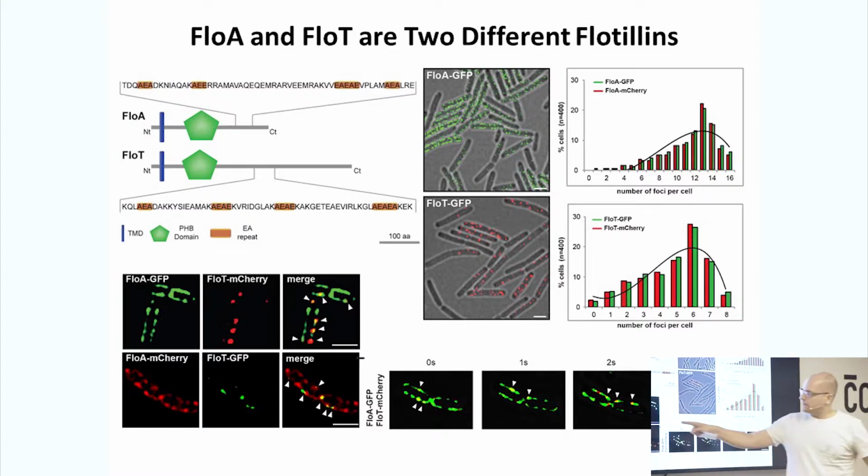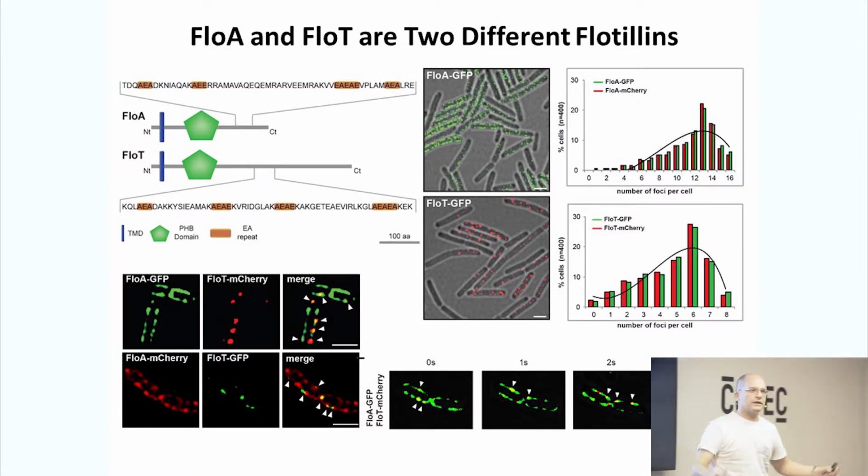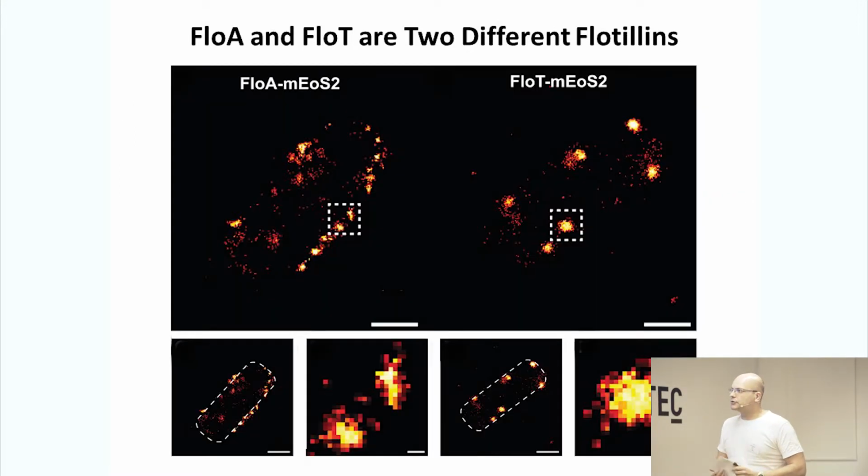We have some colocalization, but there is a huge variety of different lipid rafts that might have different functions. So we were thinking we might have specialized rafts, or different flotillins that play different roles within these particular microdomains. Here are super-resolution microscopy pictures of FloA and FloT using mEos.